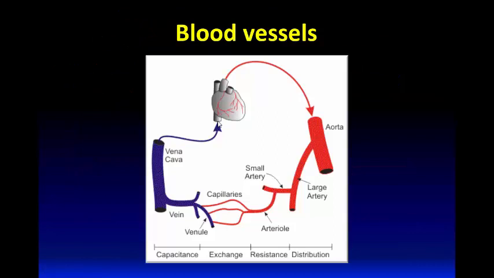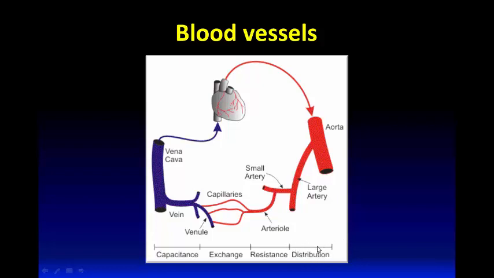Now let's describe the functions of the blood vessels, and after we finish with that, we'll go back to the physiological functions of the heart and describe them in more details. The blood vessels include the aorta and the large branches of the aorta, the large arteries, and these function as distributing channels.